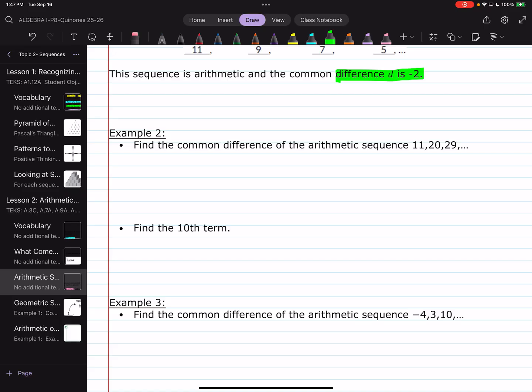For this one, yes. That is the first term, yes. It's always whichever number is at the beginning, that's your first term. As long as you know how to do it, it's perfectly fine.